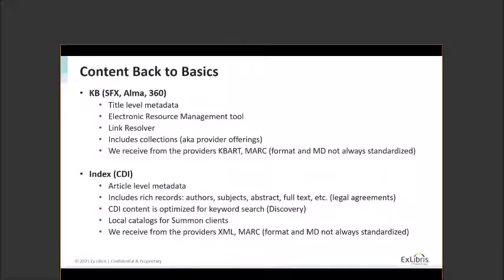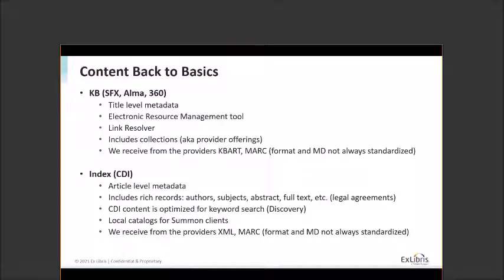Index, of course, we have Primo Central, which is still serving some of the customers, but most of our customers are now searching live in CDI, which is the index of Ex Libris. And in the index, we have article level metadata. So compared to the KB, where we have the title, the index has the article.